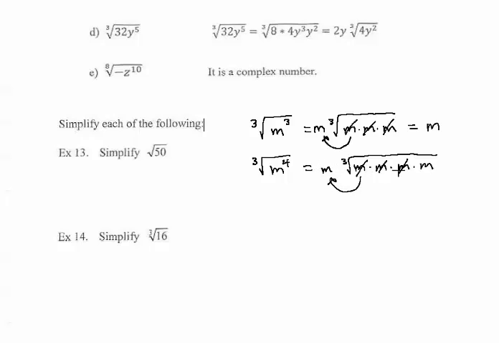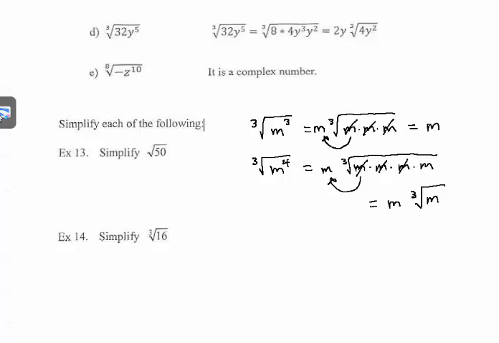And to take out 1, we need 3. So we've used up 3, and we have 1 left over. So we took 1 out front, and this will become m times cube root of m. This one had to stay inside the radical. So we're left with a cube root here. We weren't able to get rid of it completely.